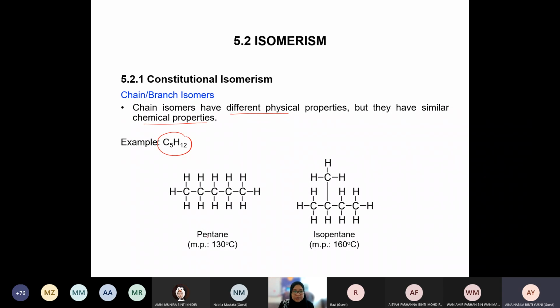Okay, like pentane here, C5H12. Okay, pentane has a melting point of 130 degrees Celsius, but isopentane, which has the same chemical formula, the melting point is a little bit higher, 160.